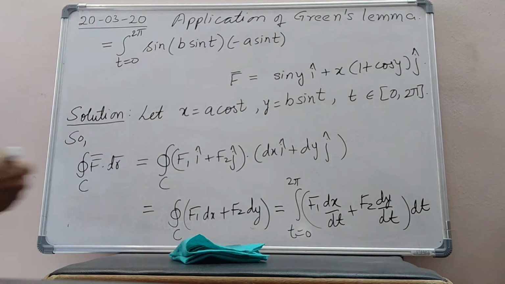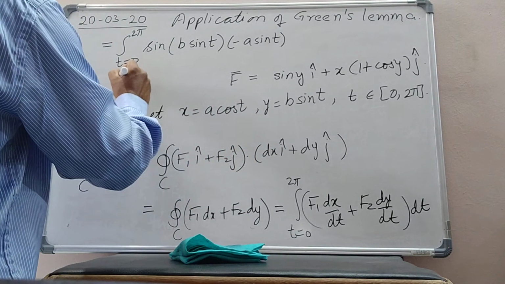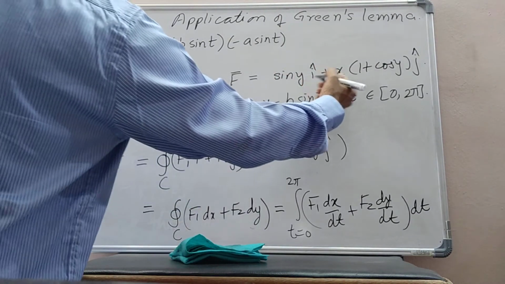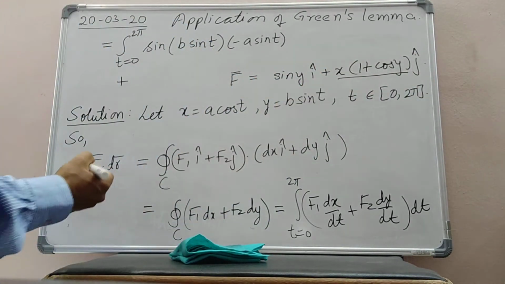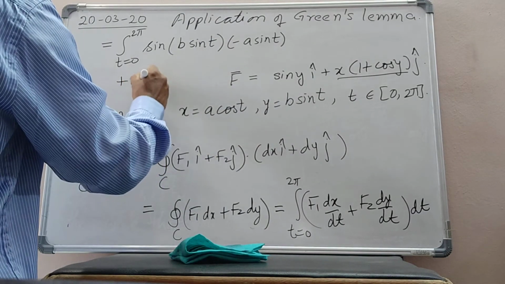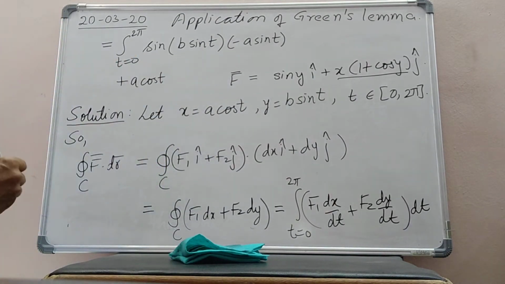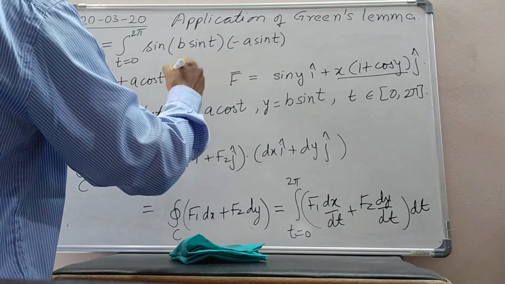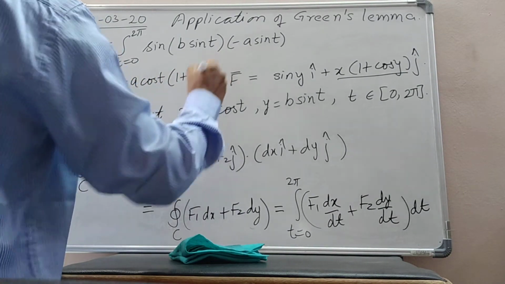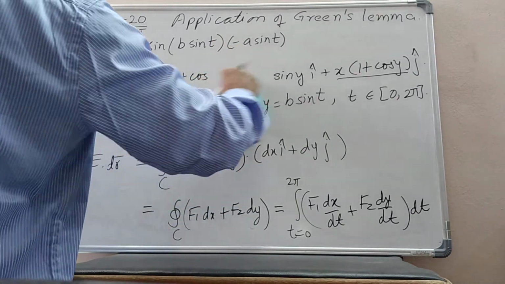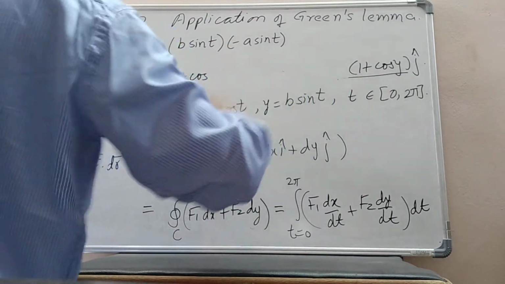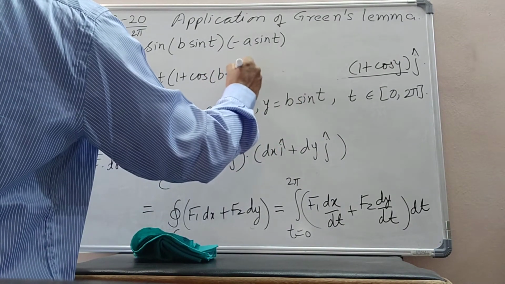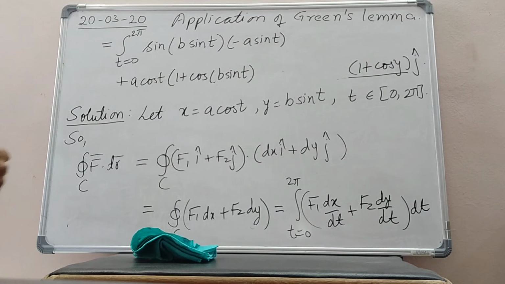Plus f2. f2 is x, which is a cos t, into 1 plus cos of y. And y is b sin t.